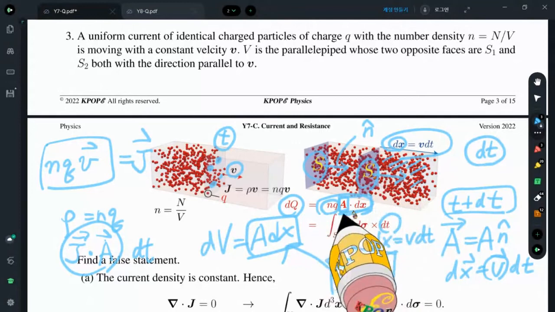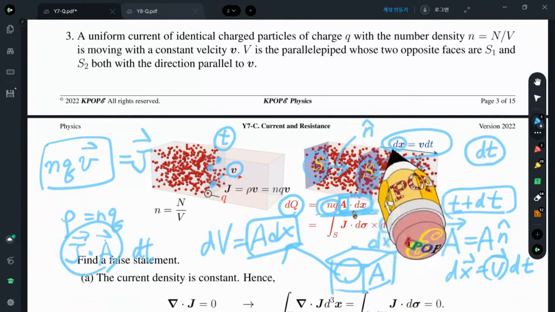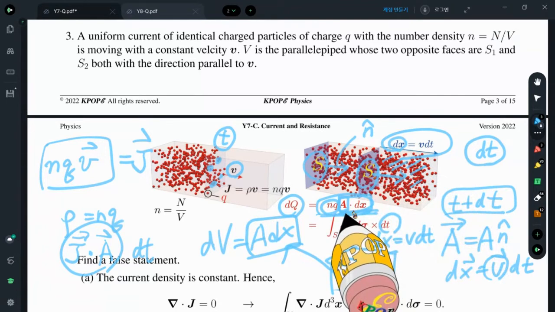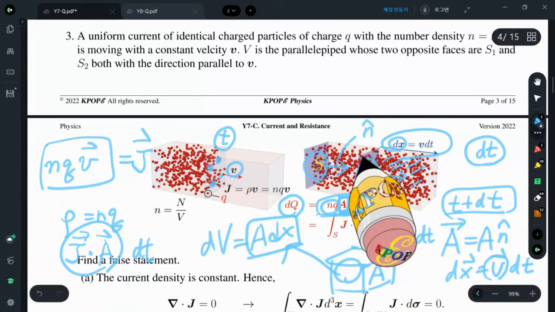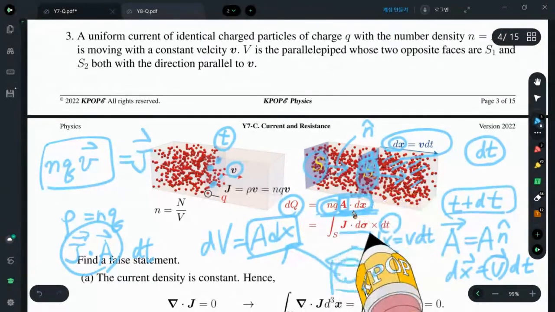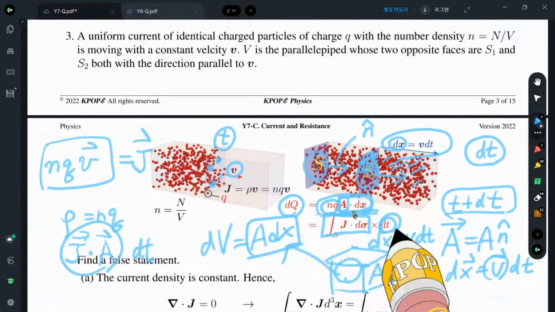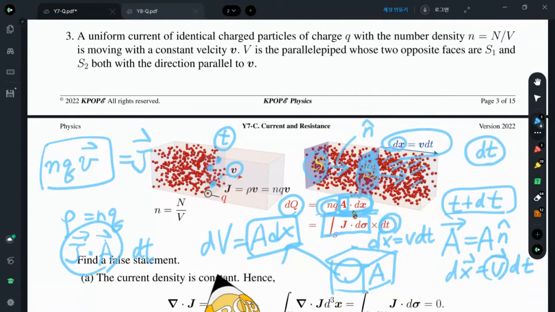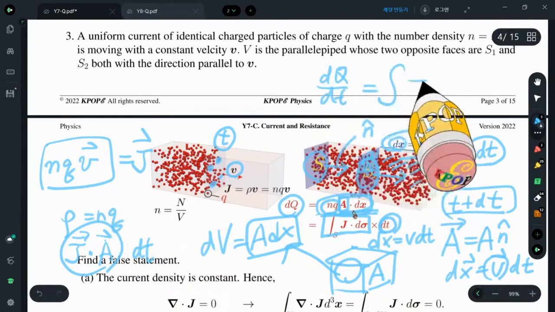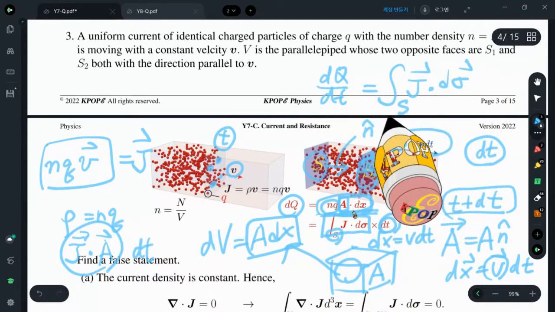Because it is constant, we were able to write in this way. However, in case the velocity may vary, we can express it in terms of an integral, dividing the surface into tiny pieces and summing them all. This is the integral of J dot d sigma multiplied by dt. We divide both sides by dt, then what we have is dQ over dt equals the integral of J dot d sigma integrated over some surface.